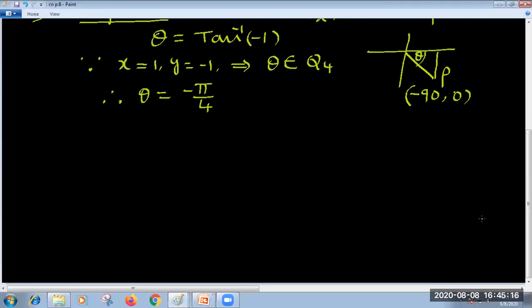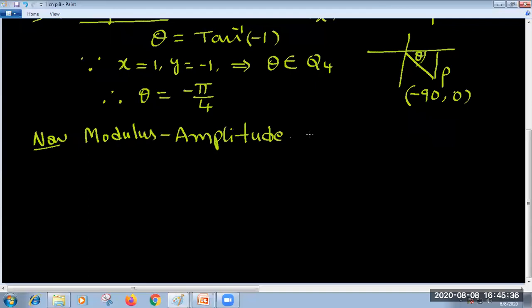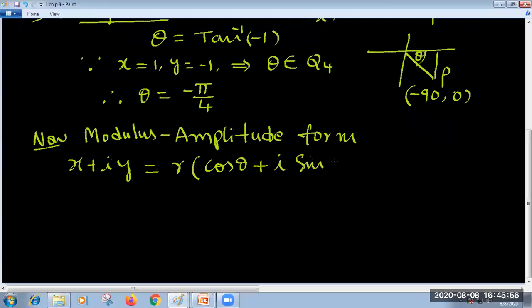Now we have to write the modulus amplitude form. For any given complex number x plus iy, the modulus amplitude form is r into (cos theta plus i sin theta).